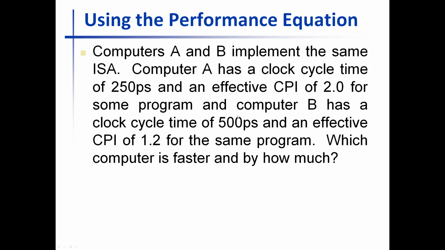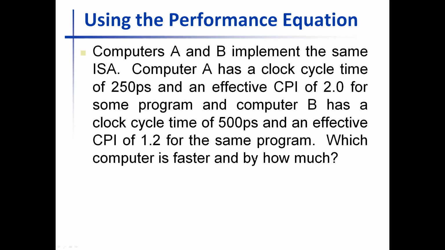That is why its cycle time is longer. But because some instructions may be completing in a lesser number of clock cycles for the same program, the CPI is going to be less. The number of clock cycles consumed per instruction on average is going to be less for computer B.